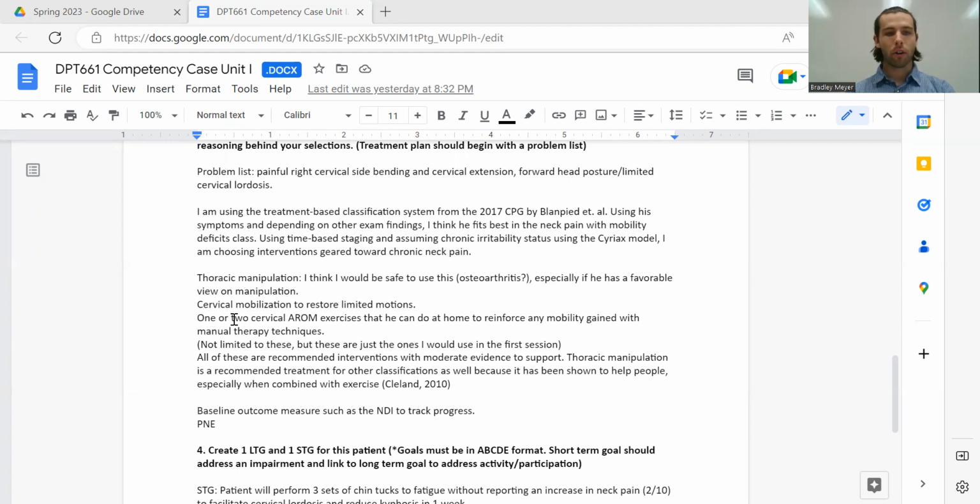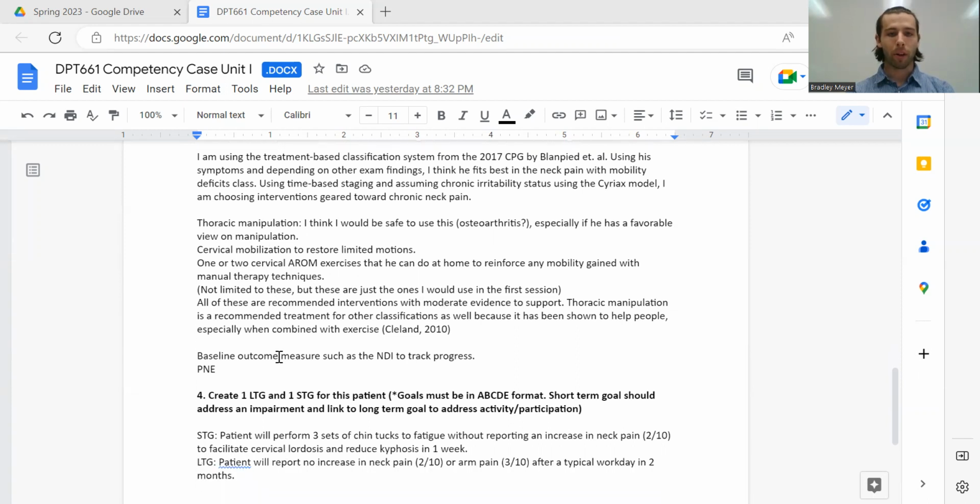I would also like to do cervical mobilization to restore those limited motions of right cervical side bending and extension. And then I would choose 1 or 2 active range of motion exercises for him to do after mobilization in the clinic, and also for him to take home to reinforce any mobility that was gained with those manual therapy techniques. So these are just a few that I would start with, but I would not limit it to these.